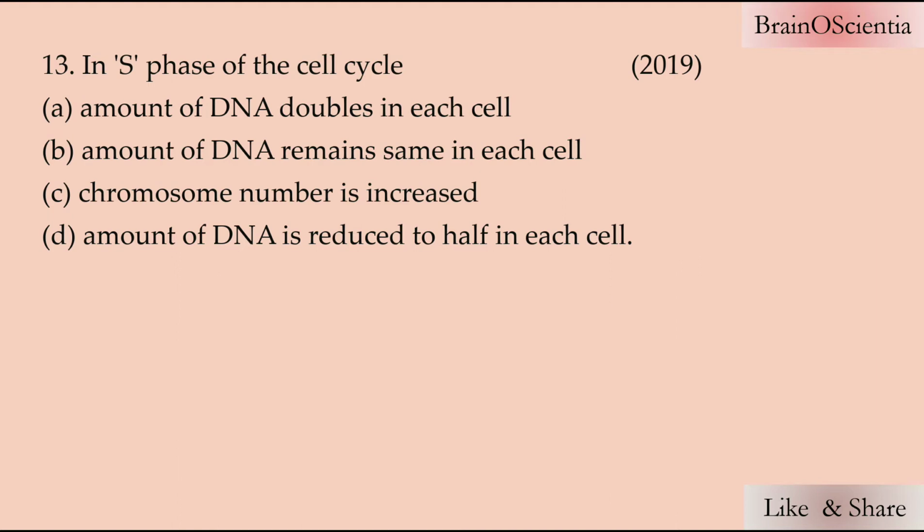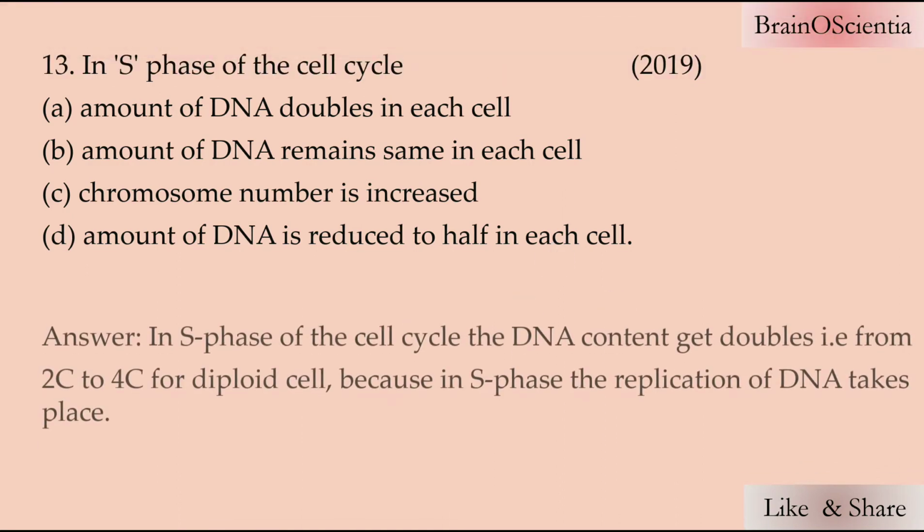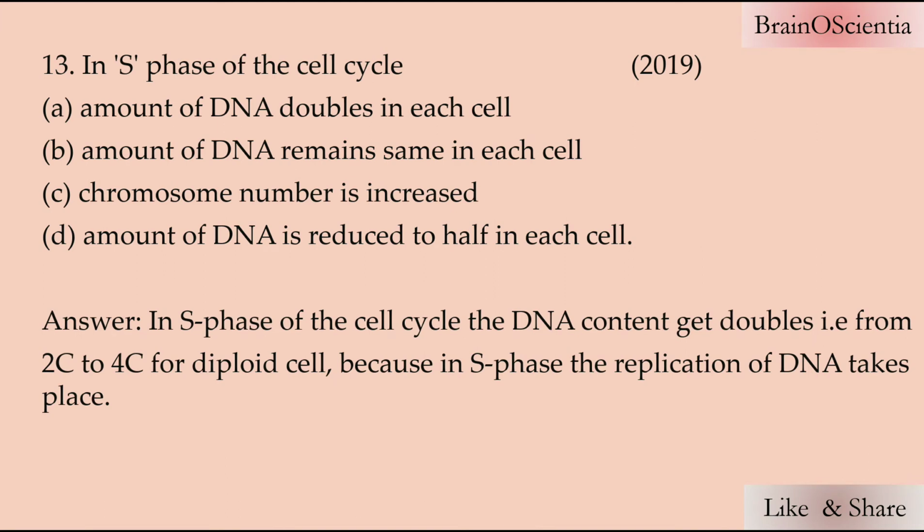Next question: in S phase of the cell cycle, the amount of DNA doubles in each cell, the amount of DNA remains same in each cell, chromosome number is increased, or the amount of DNA is reduced to half in each cell. So in S phase, what happens? The DNA replication takes place.